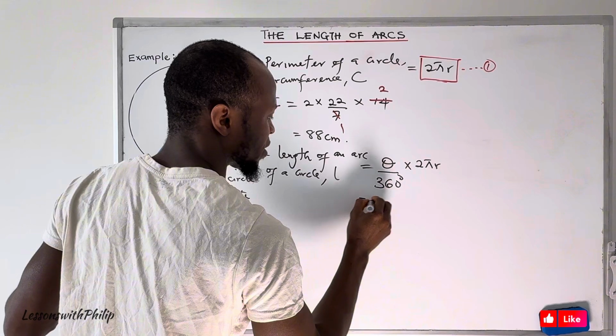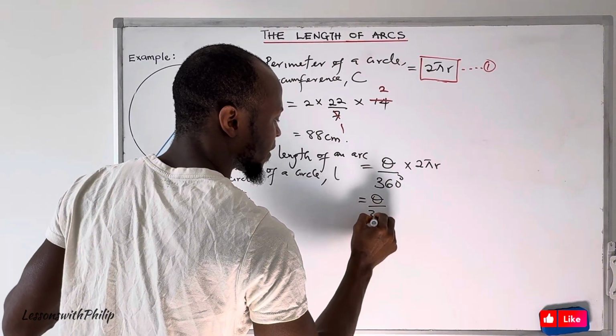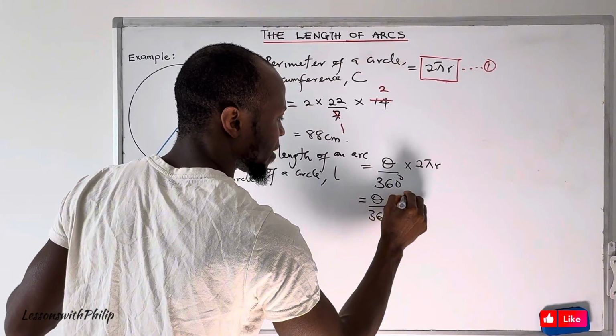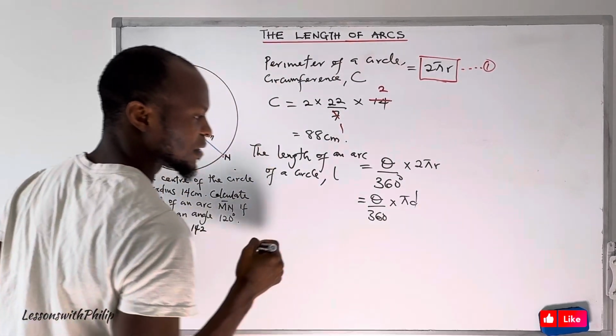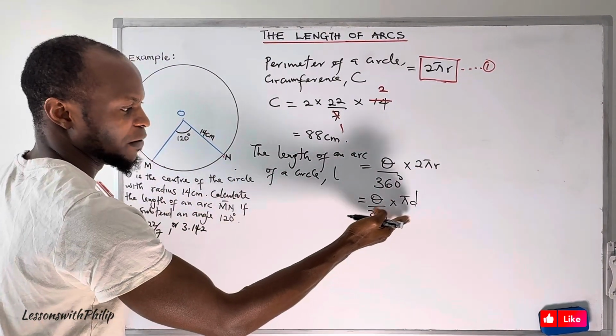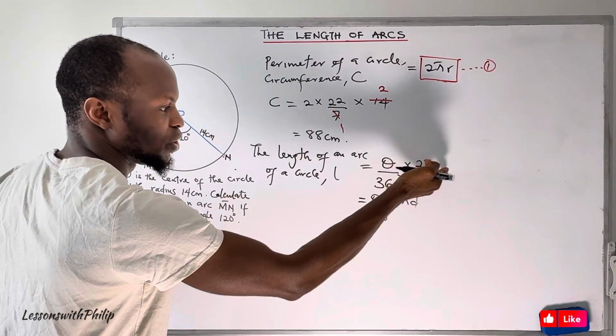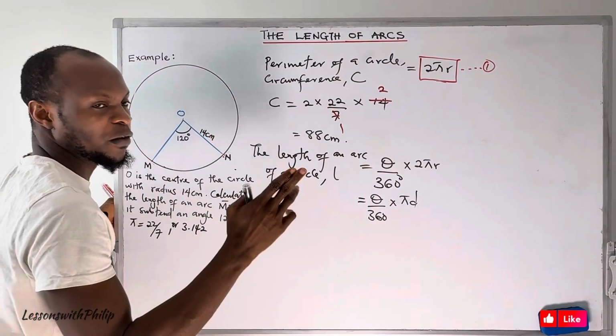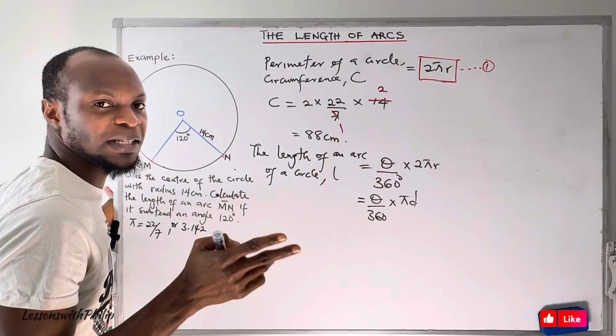Some people say it's also the same thing as theta over 360 degrees multiplied by pi times diameter. If you are given diameter, you can use this formula. If you are not given diameter, you are given radius, you can use the first one. Don't forget, 2 radius makes a diameter.